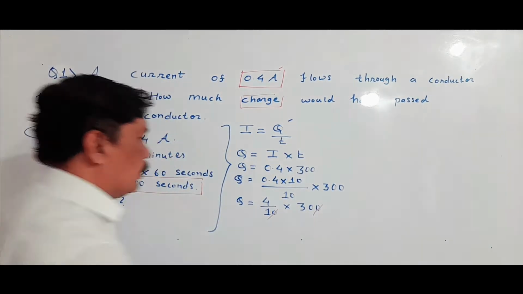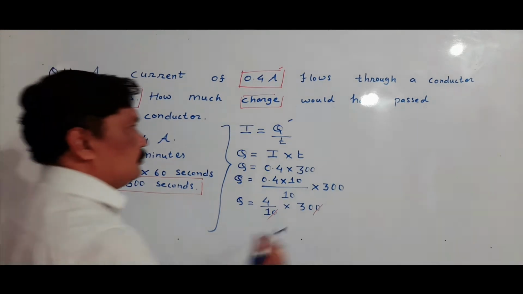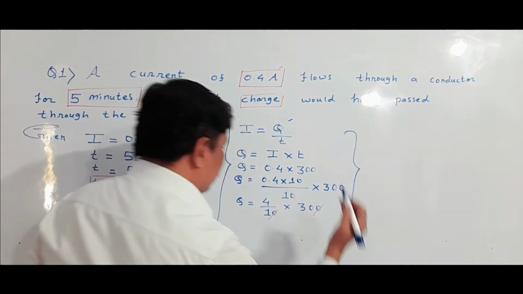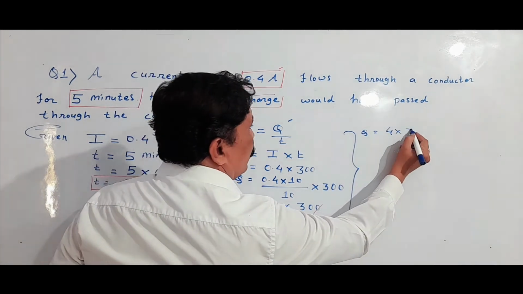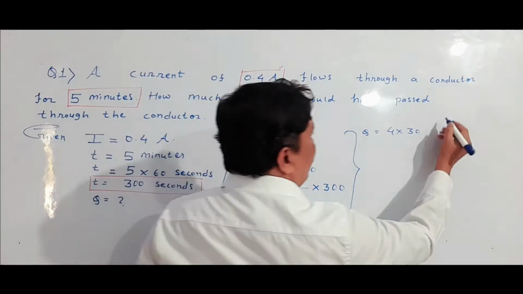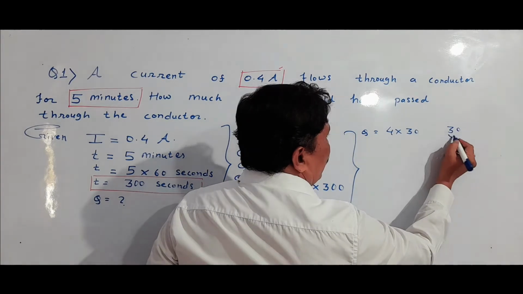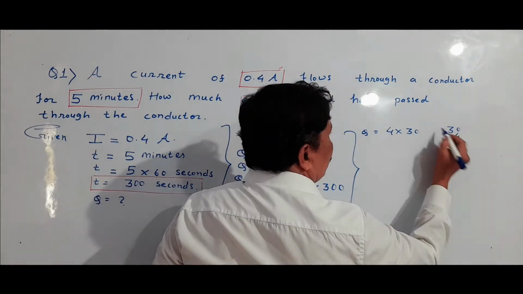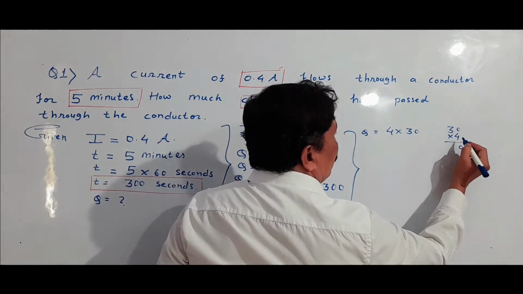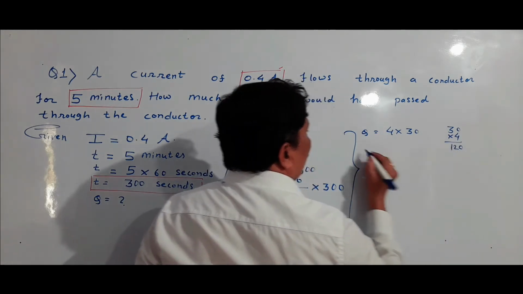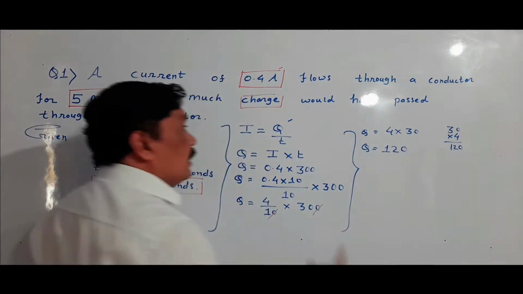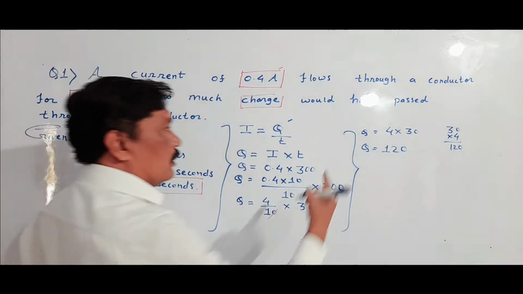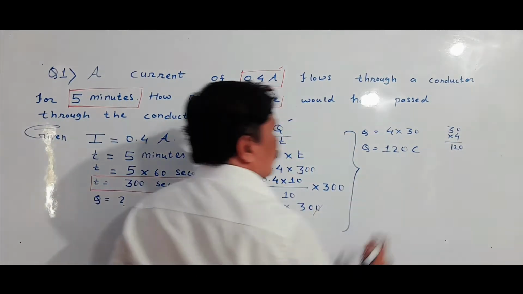The zeros cancel. Q is equal to 4 into 30. 30 into 4, 4 threes are 12, so Q is equal to 120, and the unit for charge is coulomb.